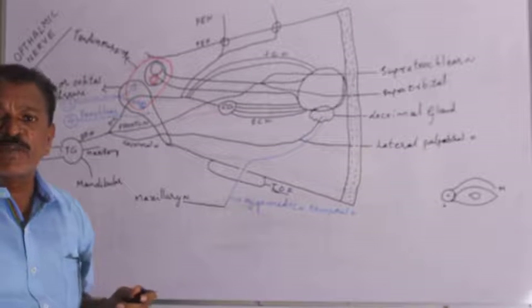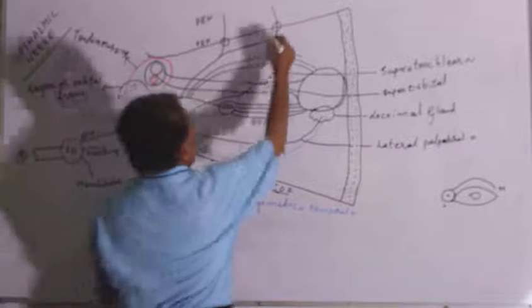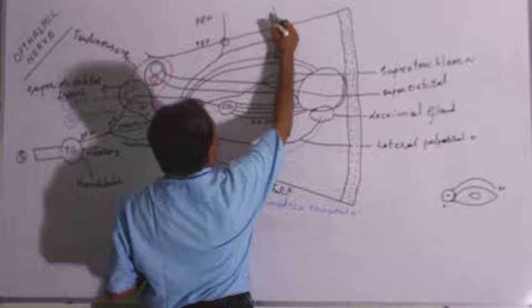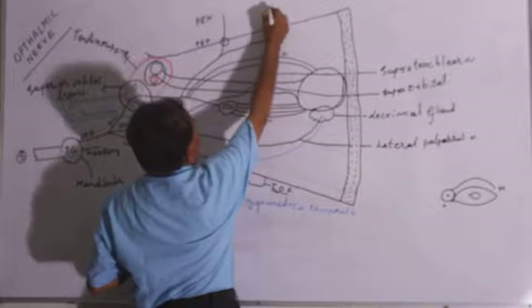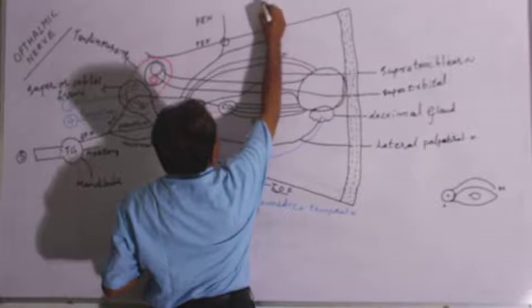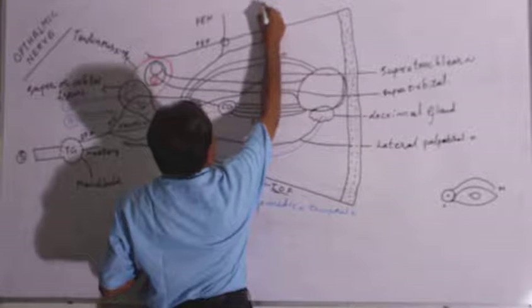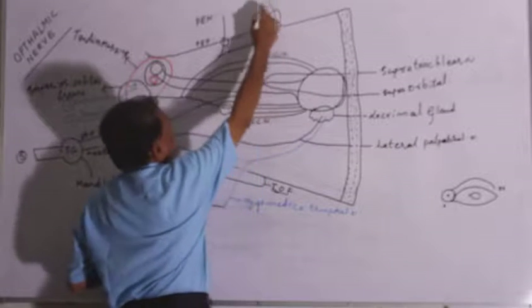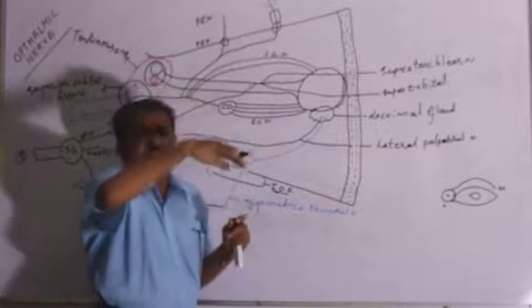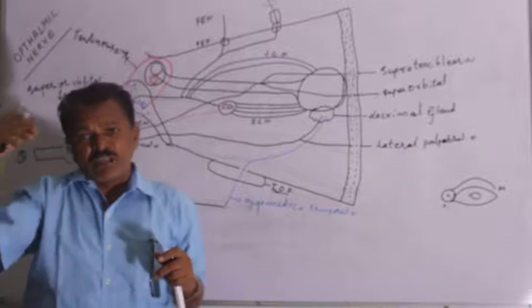The anterior ethmoidal branch enters into the ethmoidal canal. Superiorly there is the cribriform plate of the ethmoidal bone in the anterior cranial fossa.